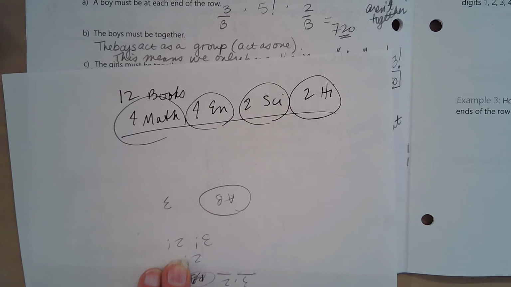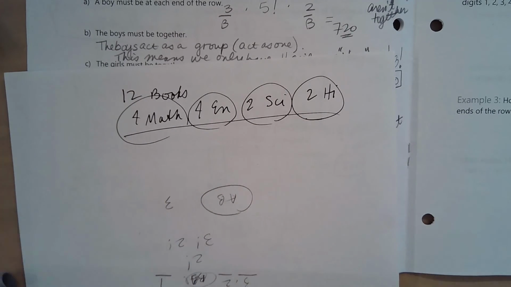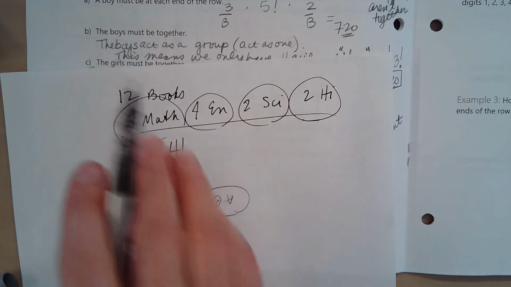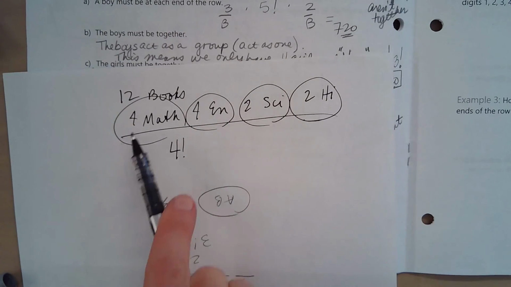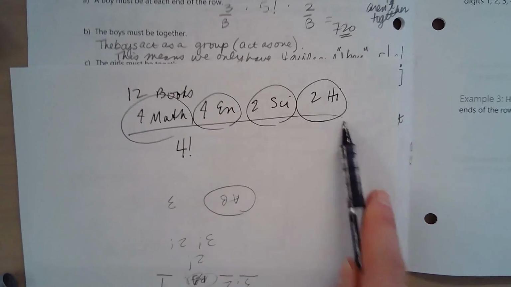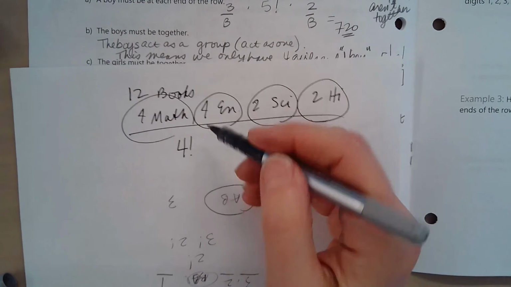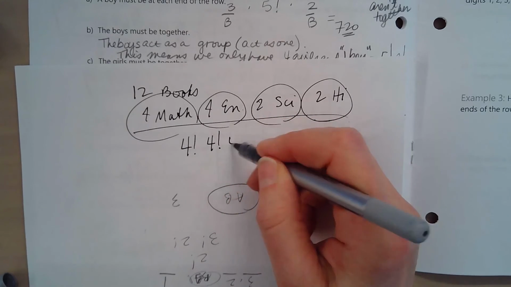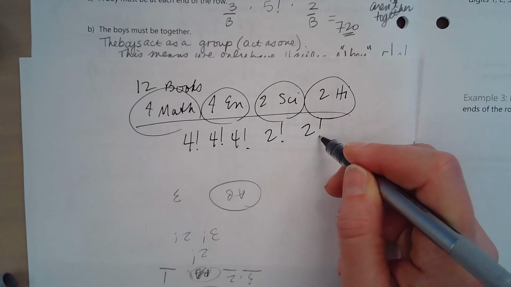Okay, yeah, just shout out the answer to me. What's the procedure? I have 4 groups of books, right? So these books, they could be math, English, science, history, or I could move the math over here or over here. Like they could all be shuffled 4 factorial different ways, right? Then within the group, math can be permuted 4 factorial, English 4 factorial, science, history, right?